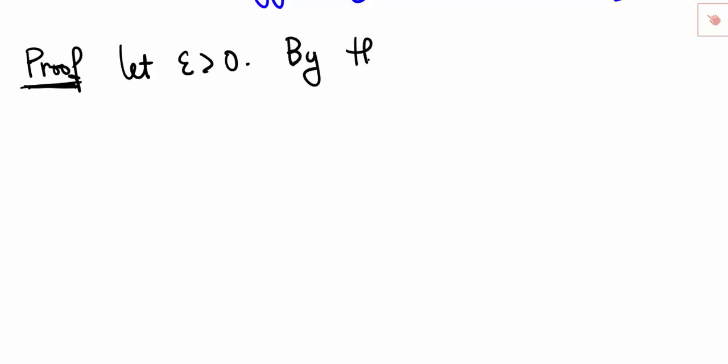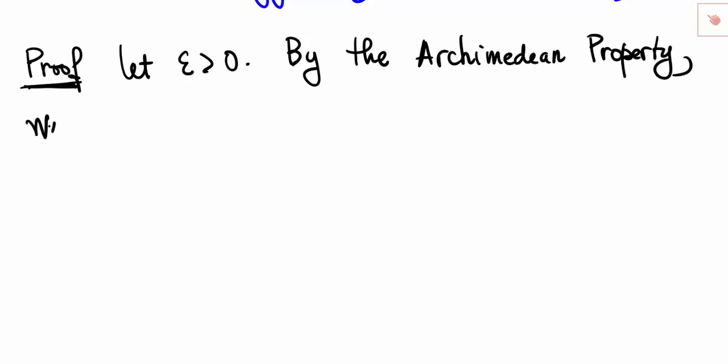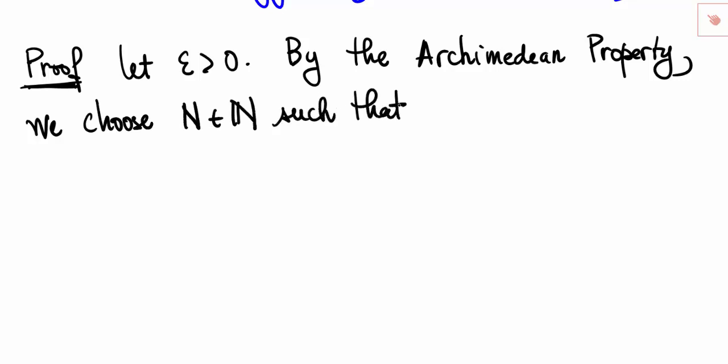By the Archimedean property, we fix some natural number N such that N is bigger than 1 over epsilon.